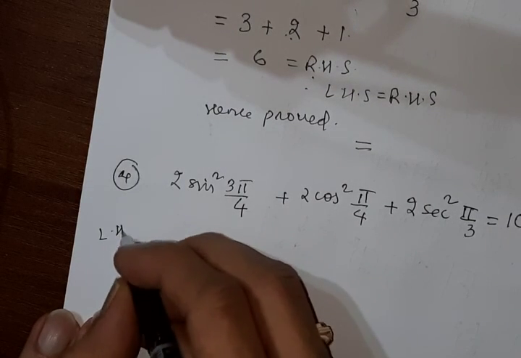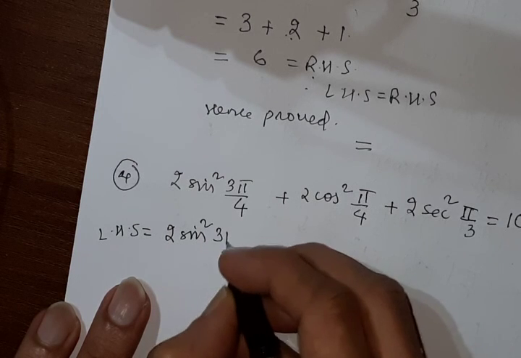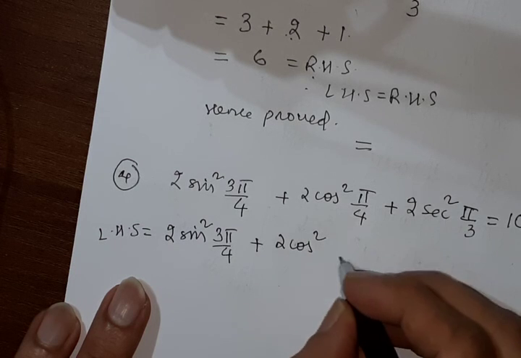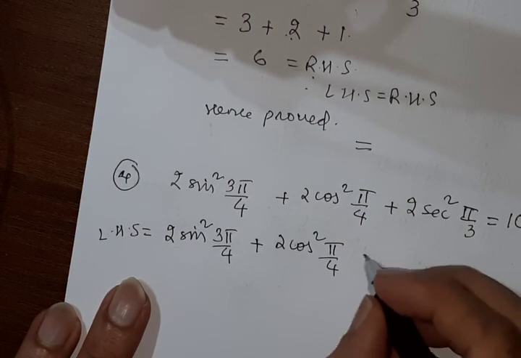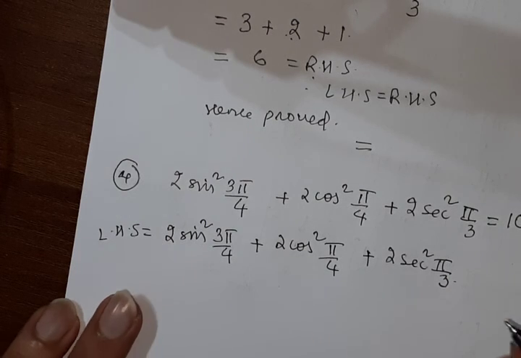So you start with the LHS. LHS is nothing but 2 sine square 3 pi by 4, plus 2 cos square pi by 4, plus 2 sec square pi by 3.